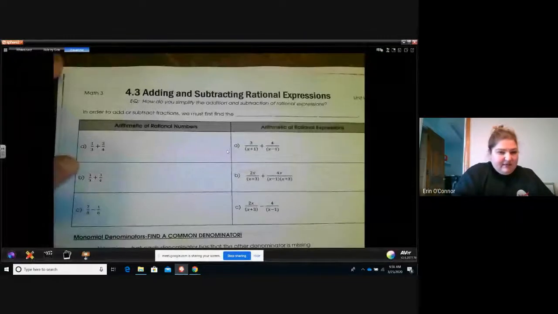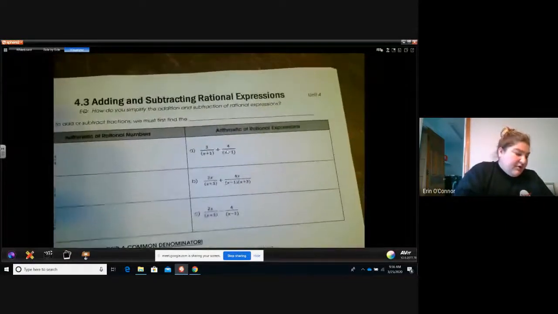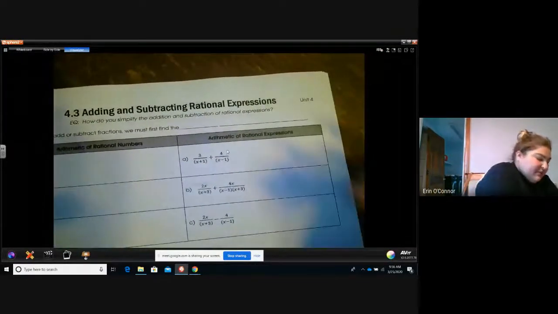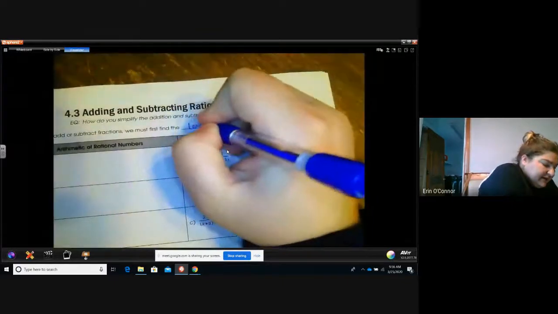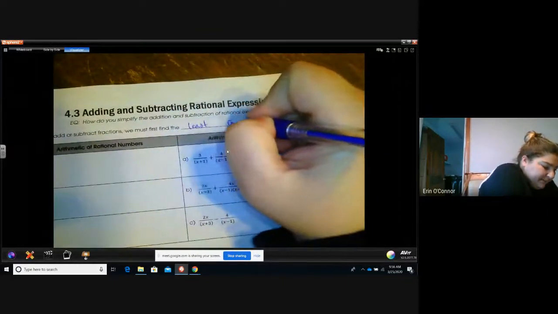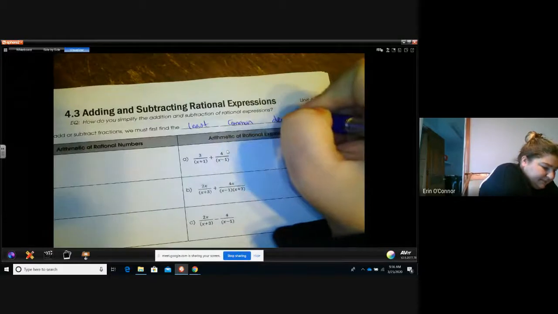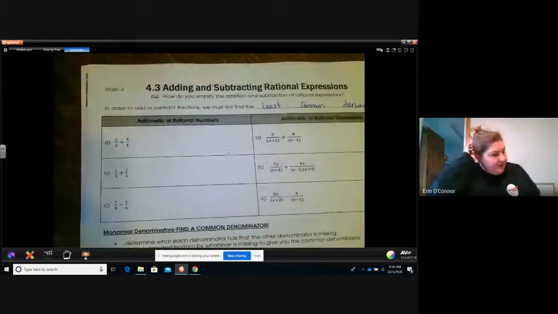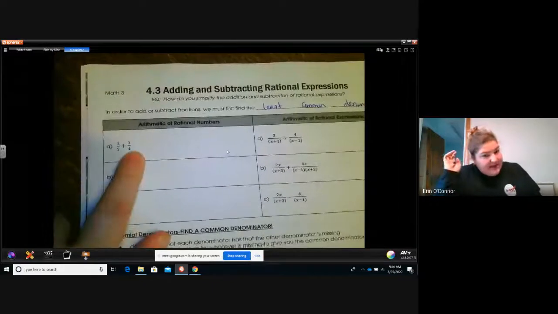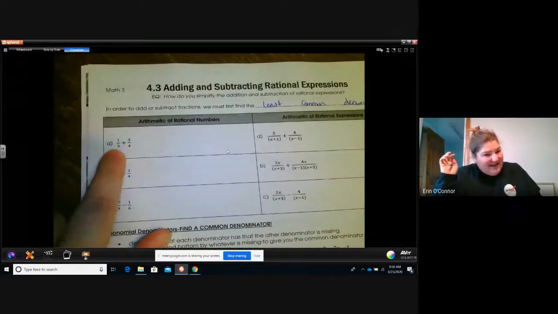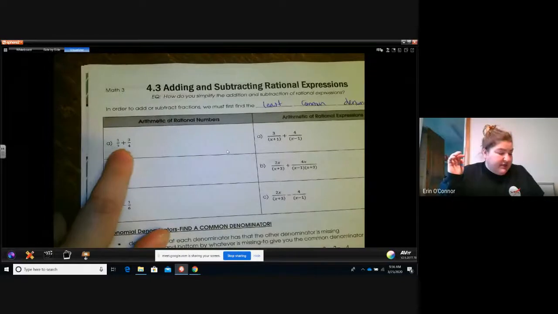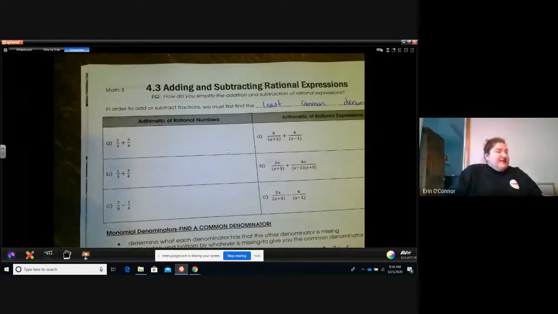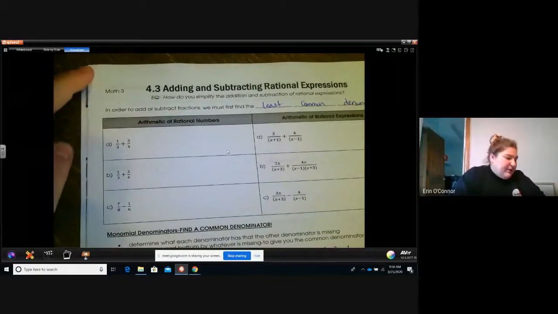Looking at this right now, in order to add or subtract fractions, we must find the least common denominator. So let's look at some fractions that we've probably done before. A least common denominator here, we could get 12, because 12 is a least common denominator of both 3 and 4.